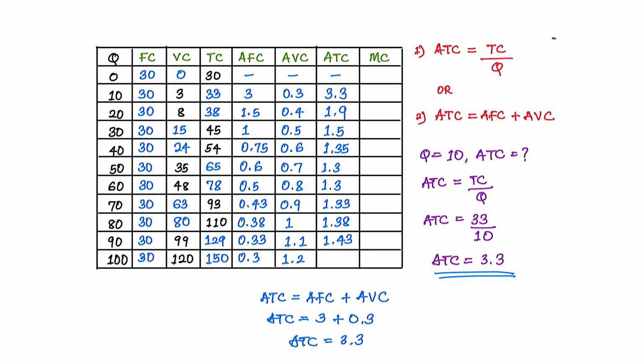And lastly, we have the total cost as 150 and the quantity as 100. 150 divided by 100 is 1.5, or we can say 0.3 plus 1.2, that's also 1.5. So irrespective of the approach that we use, we will end up with average total cost of 1.5. And this completes the column of the average total cost.